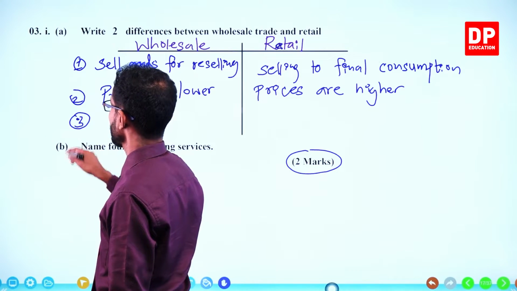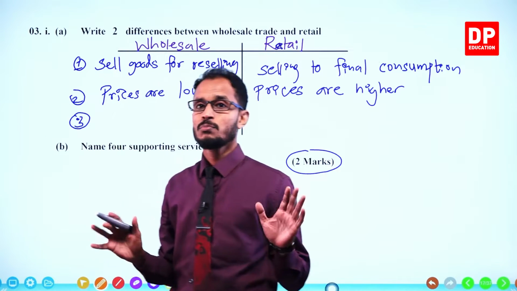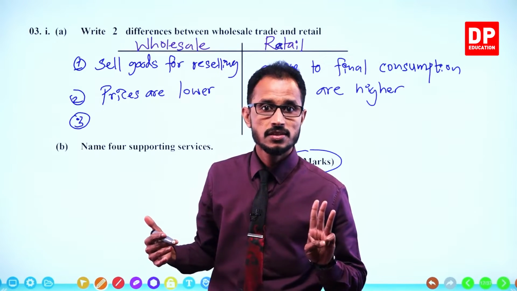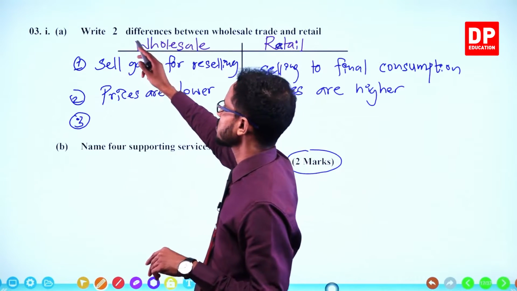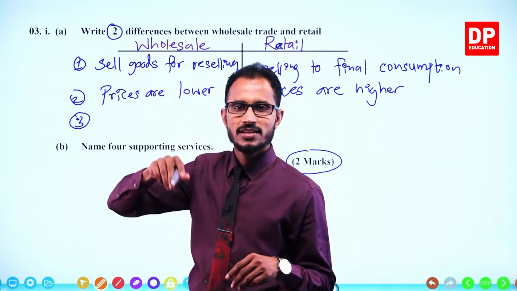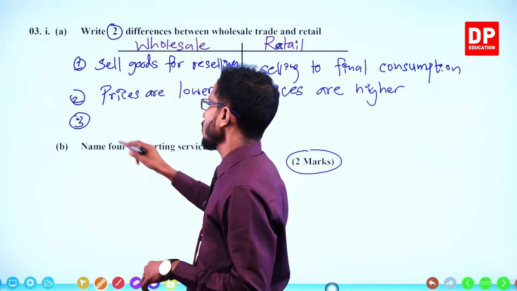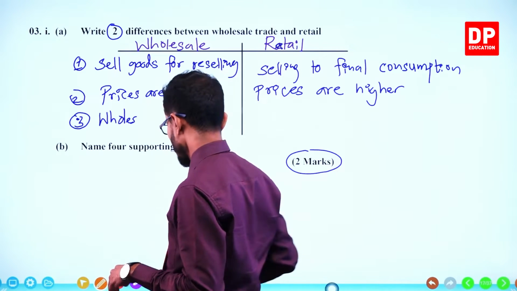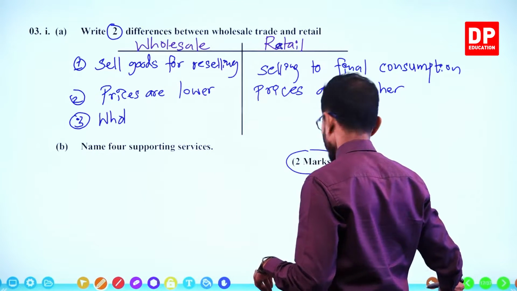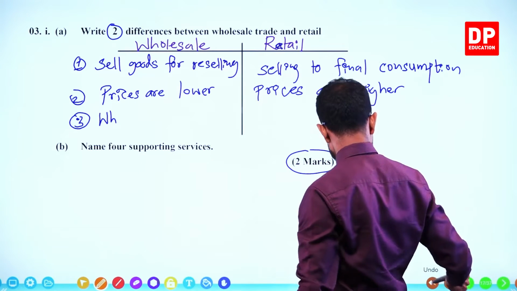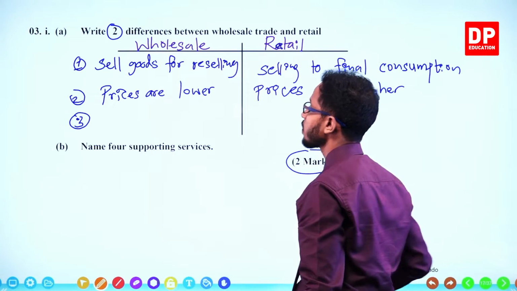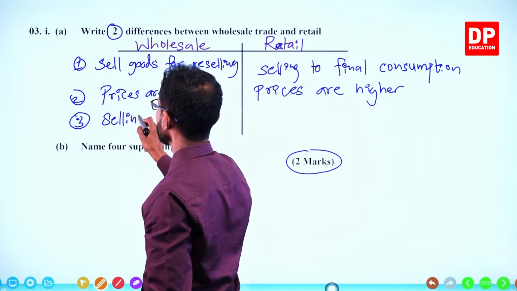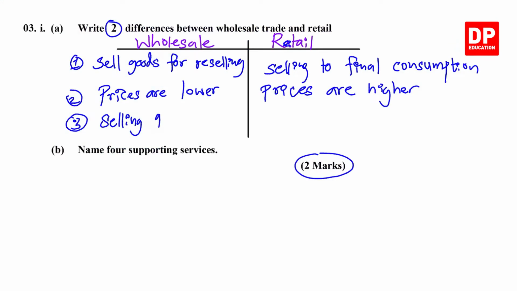Even if you write the third one, I don't mind. I will write the third one. 3 reasons, though they are asking for only 2 reasons, see? But I'll write another one. You don't have to write wholesalers now, because this side is for wholesalers only. Selling goods in bulks.